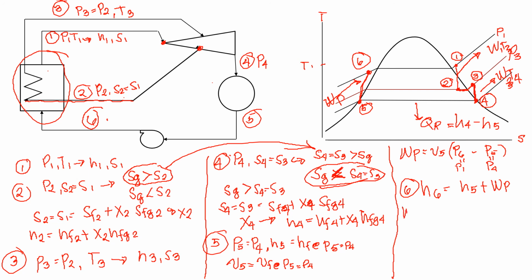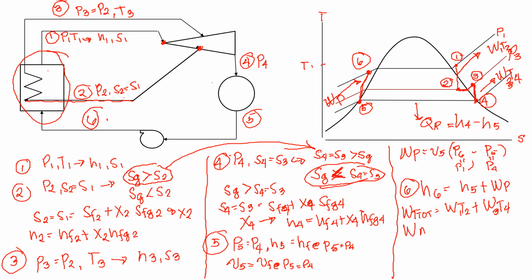So we need to find the work of the total turbine, which is just equal to work turbine 1 to 2 plus work turbine 3 to 4.